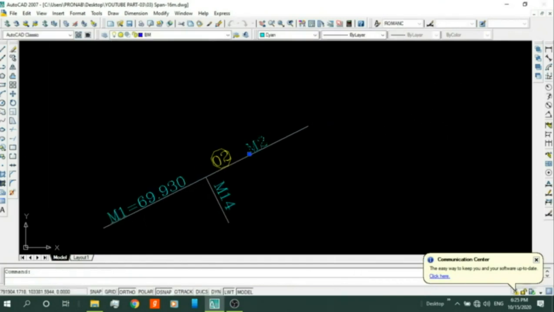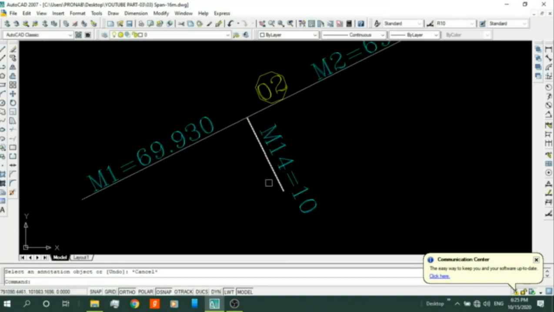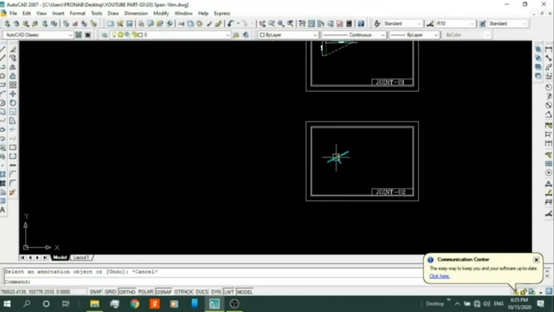The value of M2 is also equal to 69.930. The value of M14 is equal to 10 kilonewton, and M14 is a tension member.